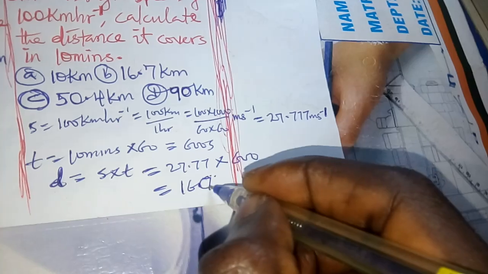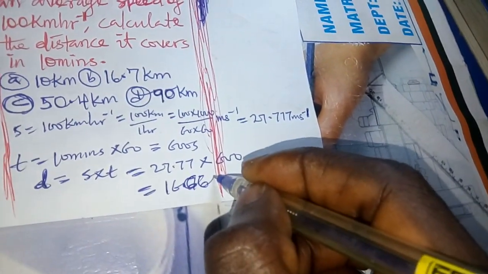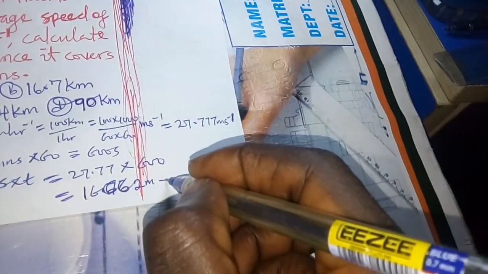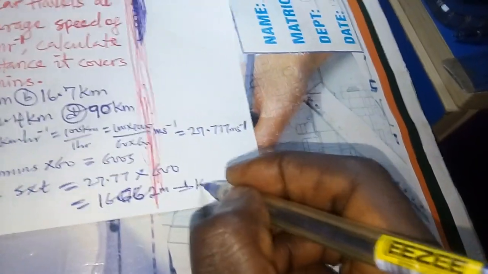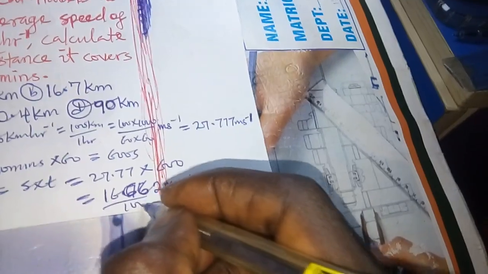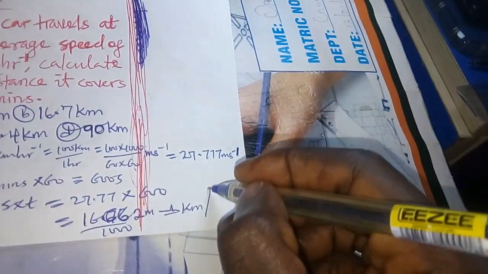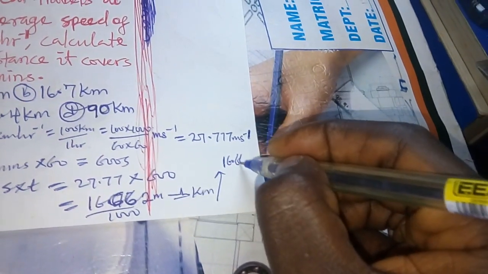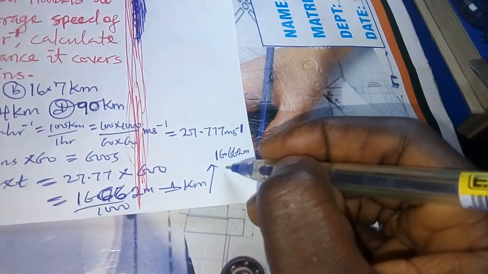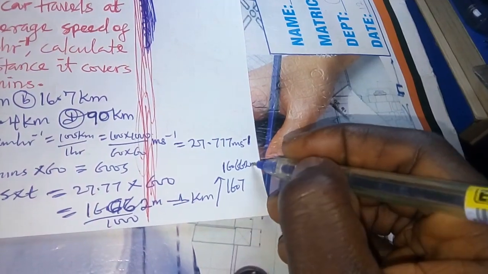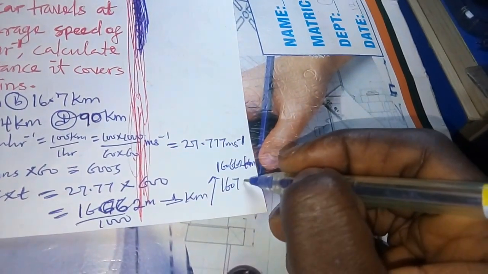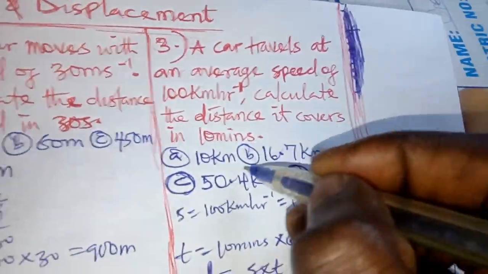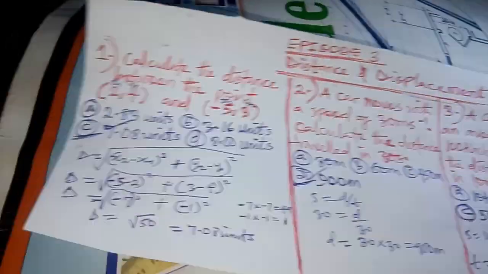We are going to get something like 16,662 meters. And by the time we convert it back to kilometers, that is, we divide by 1000, we get 16.662 kilometers. If you approximate, that is 16.7 kilometers, which gives us option B correctly.